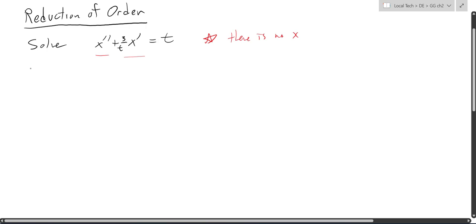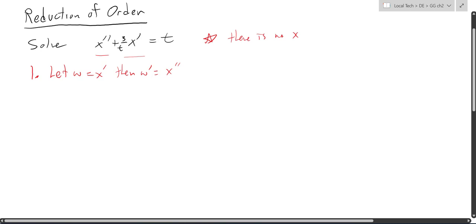So in that case, our process is to let w equal x prime. If w is equal to x prime, that means that w prime would be the derivative of x prime, which is x double prime.